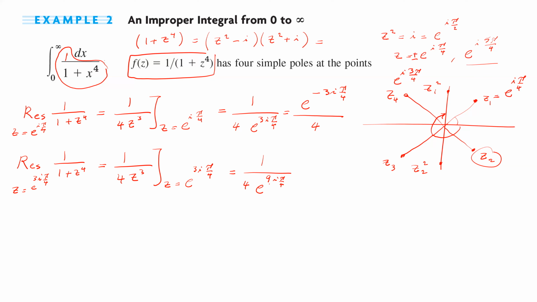But you see, 9 becomes 8 plus 1. 8 times i pi over 4 becomes 2 pi i, that you can ignore. So it becomes e to the i pi over 4 divided by 4.